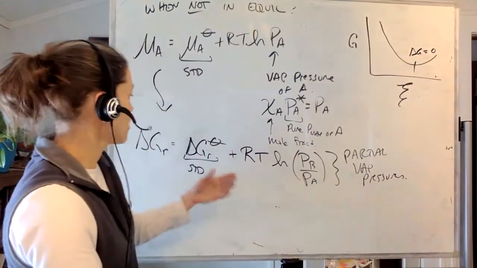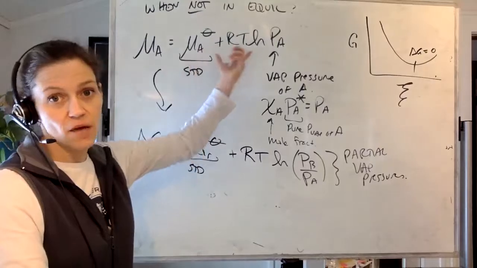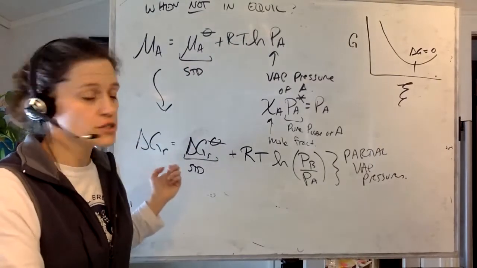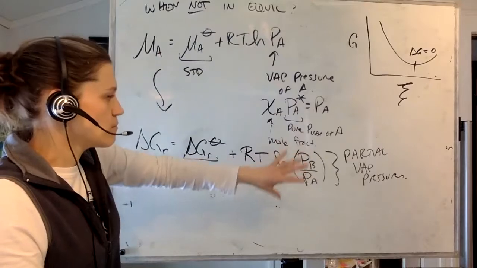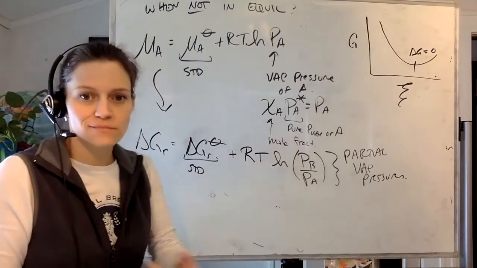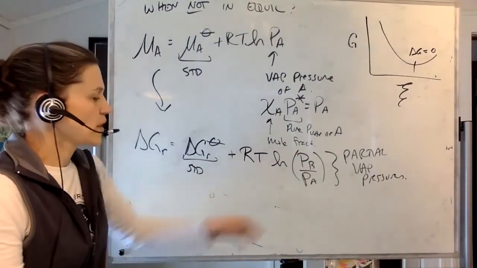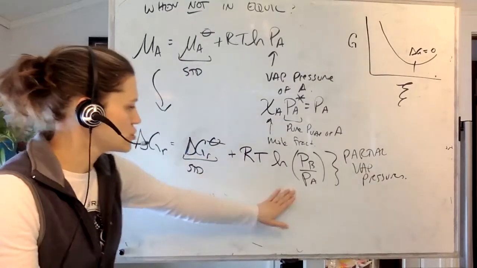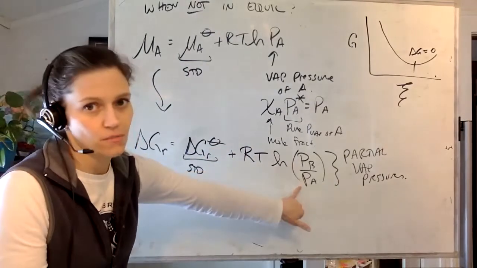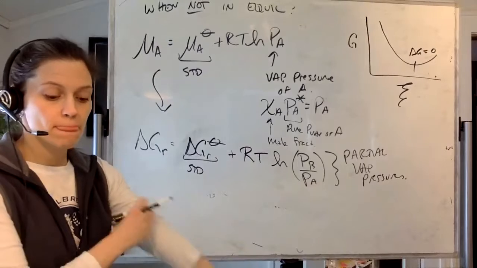We get that from looking at the difference in chemical potential, which is the difference in the Gibbs energy. So we subtract all of that from A and B minus A, and we get this delta G of reaction with PB and PA, the partial vapor pressures.